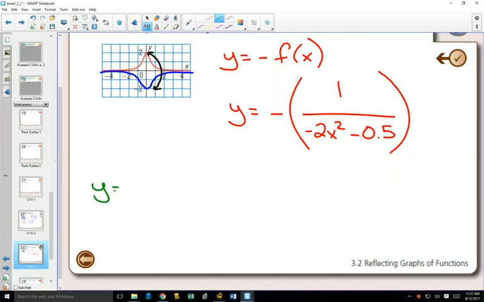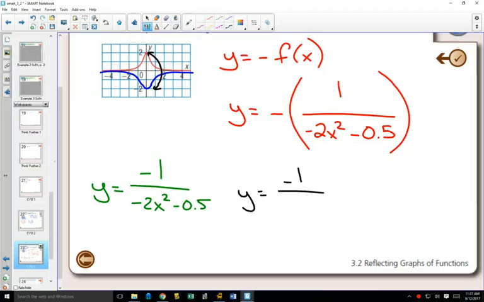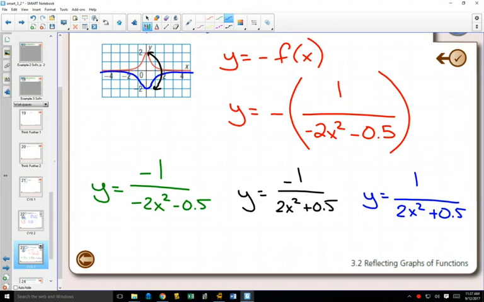Scenario 1, I'm going to multiply the top by the negative. Scenario 2 in black, I'm going to multiply the top and the bottom by a negative. Scenario 3, I'm going to multiply the bottom by the negative. You'll notice in both scenario 2 and scenario 3, I distributed it.